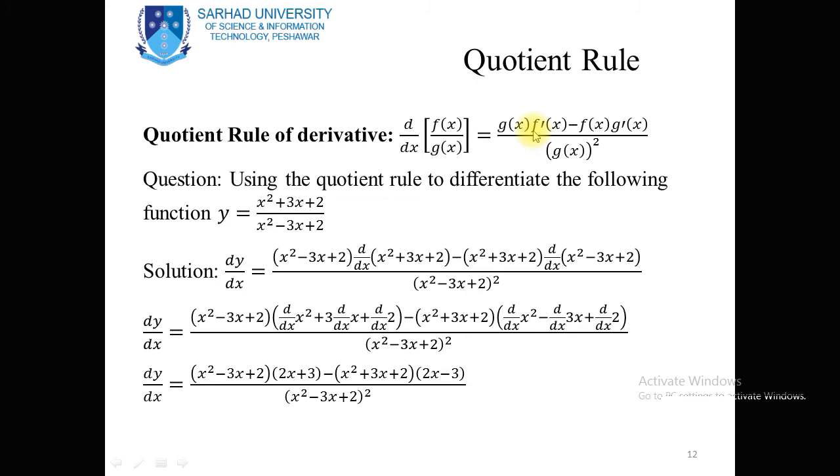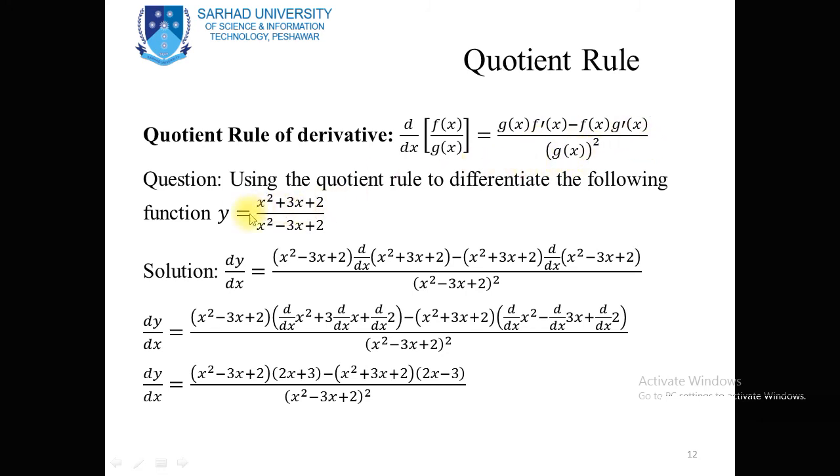F prime means derivative of the second function, and g prime means derivative of the first function. First function as it is into derivative of second function minus, we put a minus sign in the quotient rule and a plus sign in the product rule. So first into derivative of second minus second into derivative of first, divided by square of the denominator.